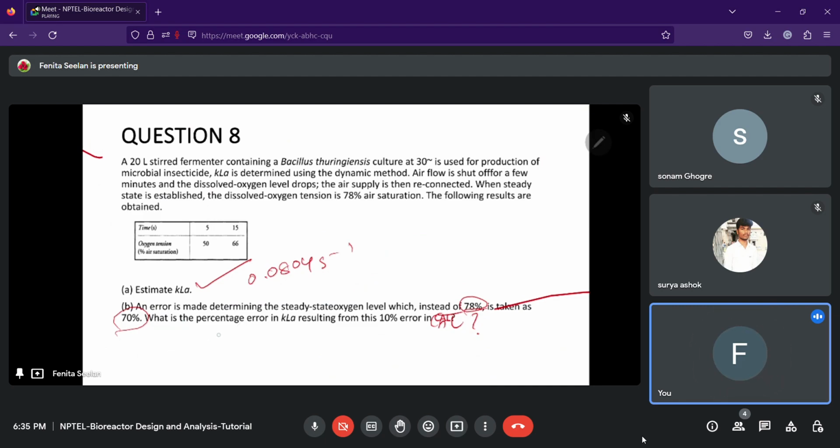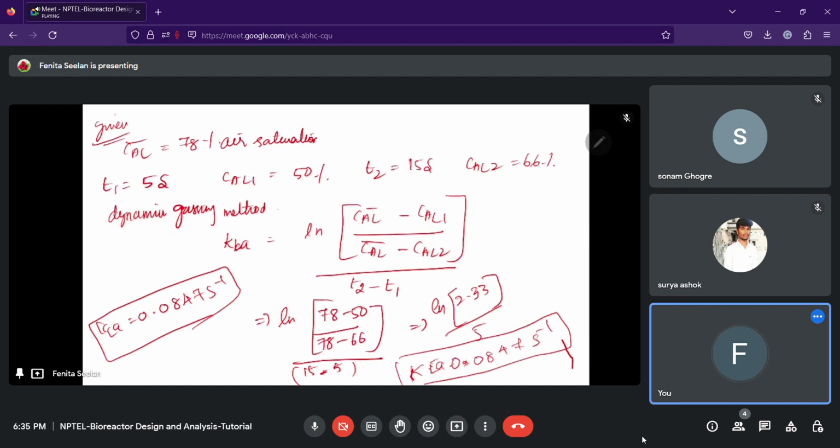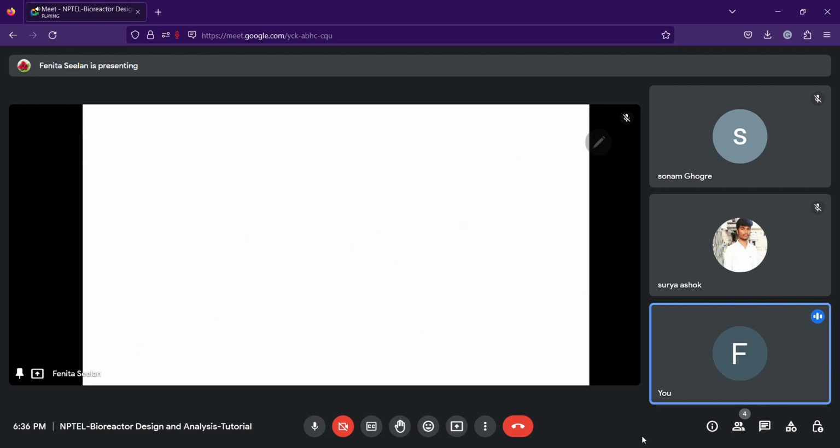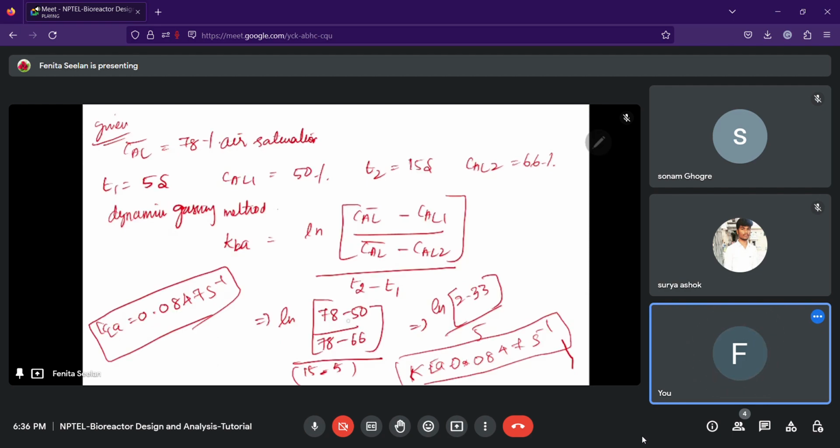The question really asked was what is the percentage error in KLA resulting from this 10% error, which is almost 8% difference. It is rounded off, so almost around 8 to 10% error is made while calculating this. How does it affect your newly measured KLA? To calculate that, use the same formula, substitute 70 instead of 78, and calculate the KLA value.